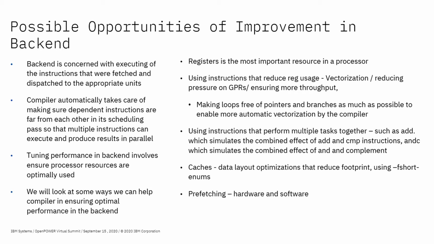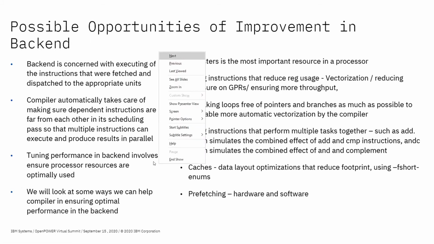So it's always good to know what you can do from your end to enable some of this, right? So that is one of the most important optimizations in the back end. Apart from that, there are some interesting things that you could do, particularly with respect to caches and prefetching, that we will look at in the next slide.